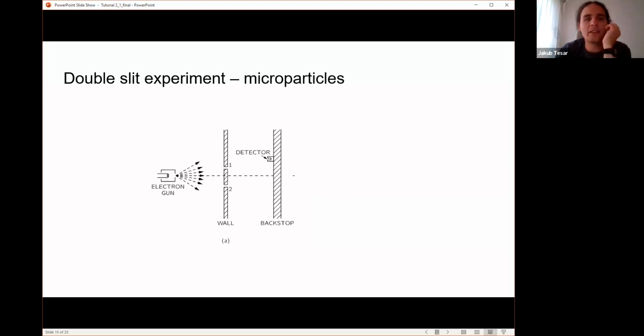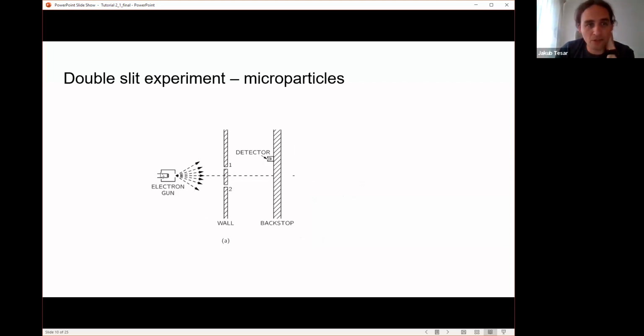Okay. And now what happens if we do it with particles? Because we are interested in the question of light. If we think of photons as microparticles, then it should clarify something about the nature of the microparticles. In this specific instance, we do not have photons, but we have electrons.